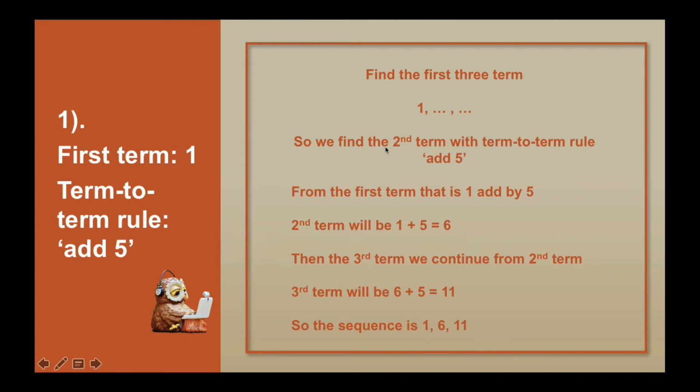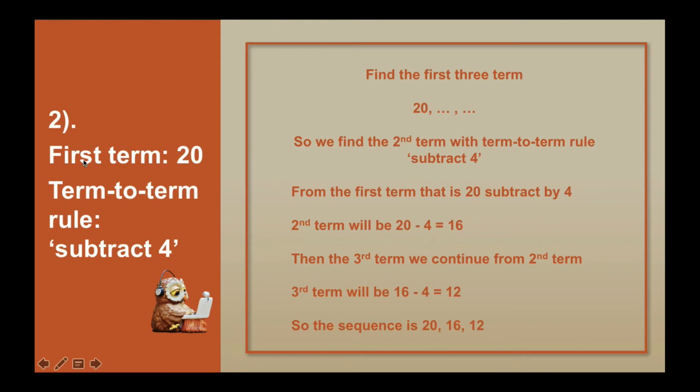How to find the second term with the term-to-term rule add by 5? From the first term, that is 1, add by 5. The second term will be 1 add by 5 equals 6. Then the third term, we continue from the second term. The third term will be 6 add by 5 equals 11. So the sequence is 1, 6, and 11.